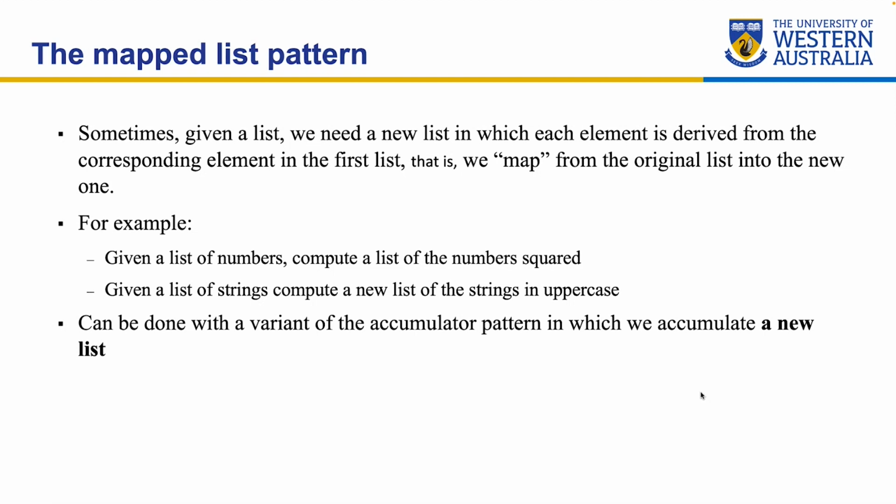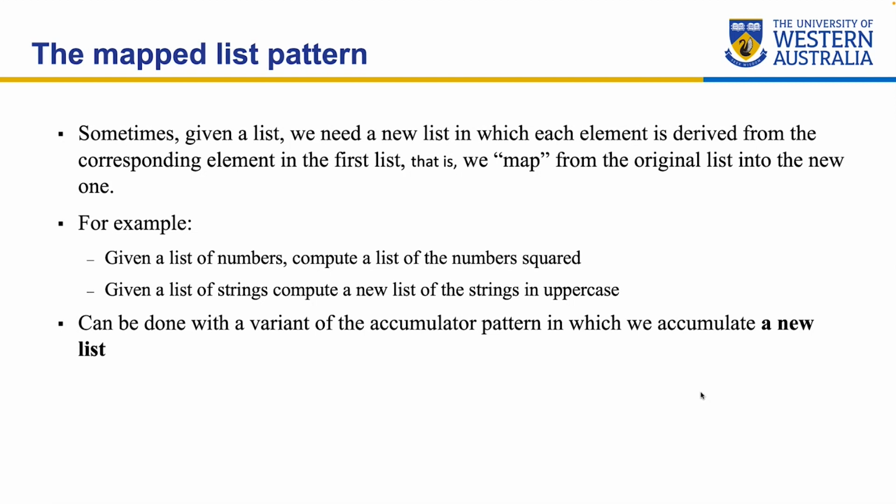Like we have seen before, we just printed it, but this time we want to keep a record of the squared values because we want to use it for something else. Another example, given a list of strings, compute a new list of strings in uppercase. Definitely we want to have two separate lists containing the final values that are uppercase strings.